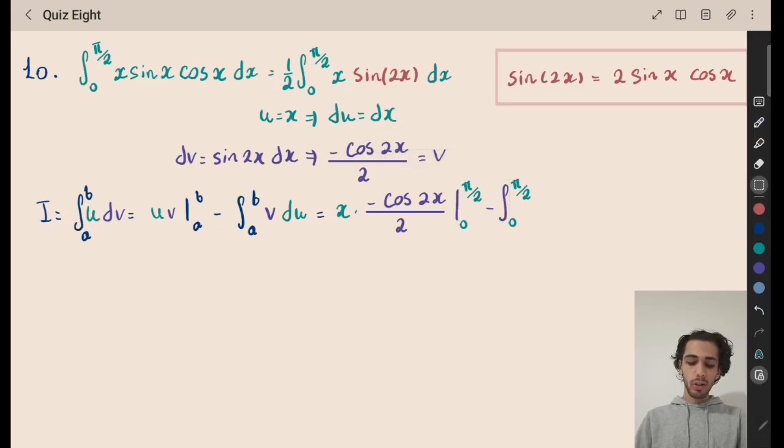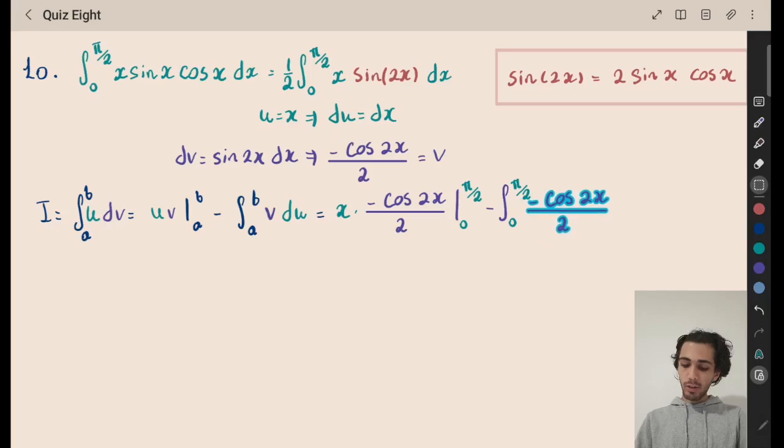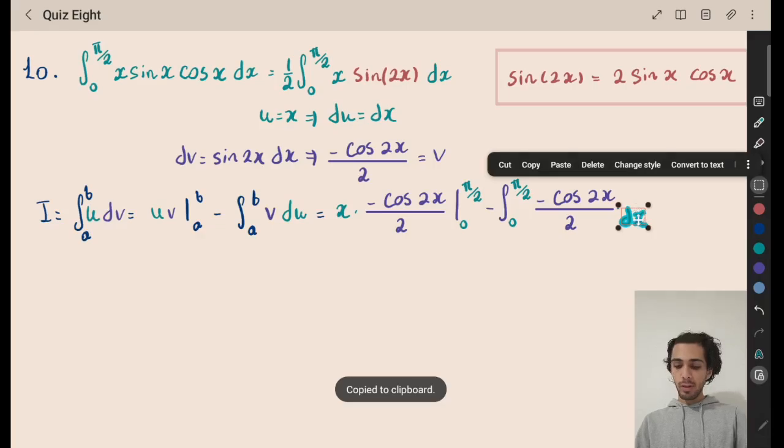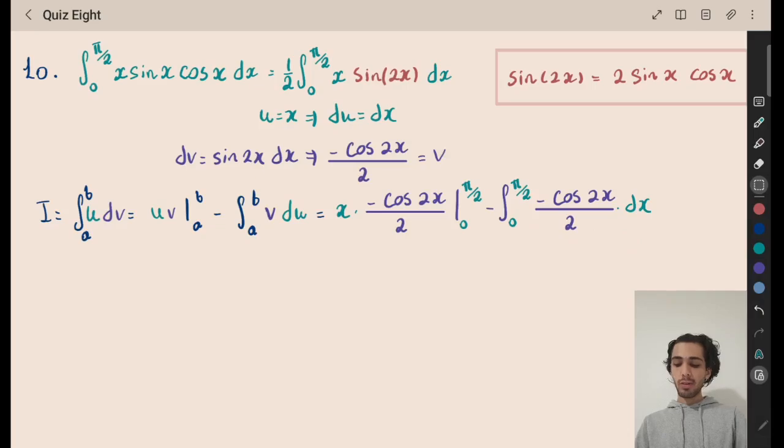And this is what I was talking about. So if we take v to be this, and we multiply this by du, which is just dx, then I just get an integral which has only the cosine function with some constants on the side, which is very, very, very nice.